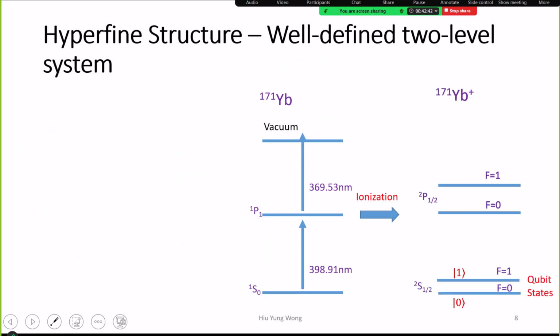Now, I want to say another thing called hyperfine structure, not just fine structure. So what is fine structure? Fine structure, again, is the electron spin interacting with the magnetic field generated by its orbital angular momentum, right? Or you can think of it as spin-orbit interaction. So I'm running, and at the same time, because I'm spinning, I cause myself to have different energy when I'm spinning left and right. But there's another structure, the hyperfine structure.